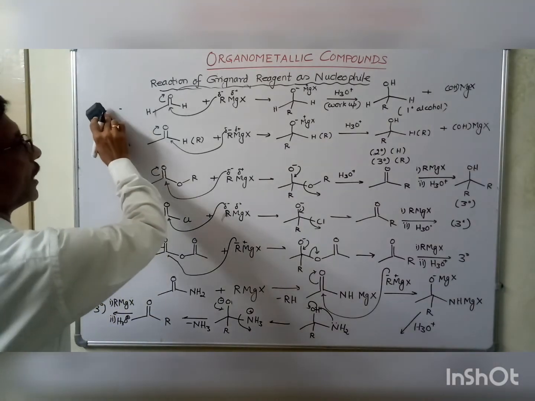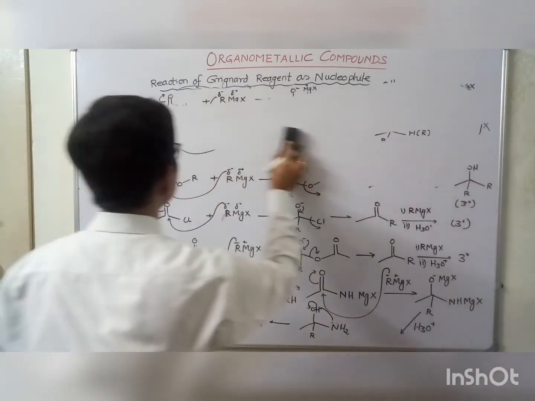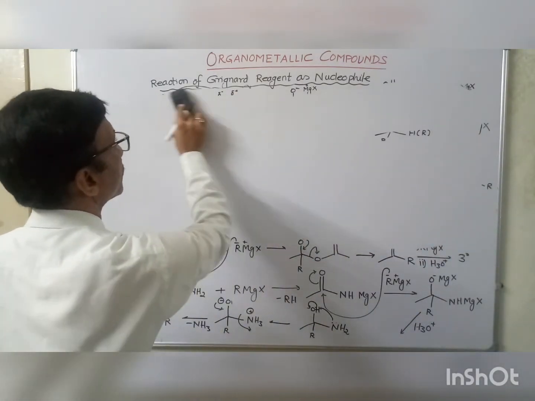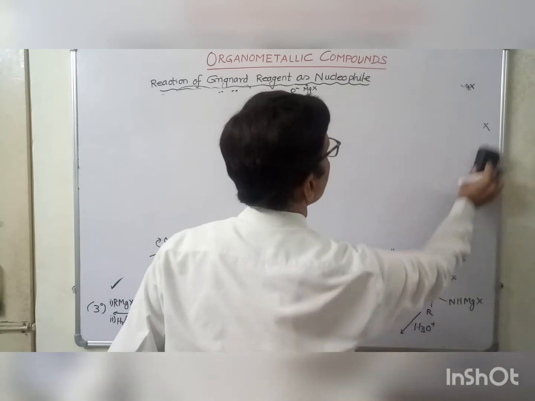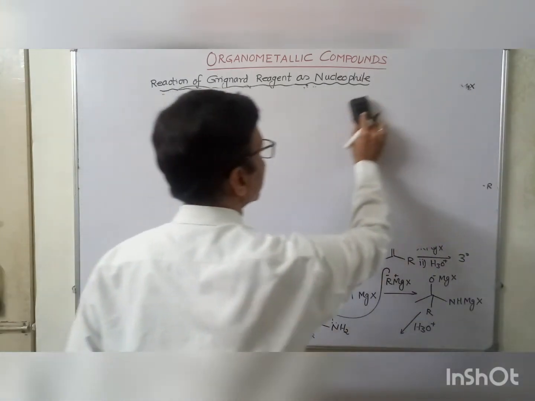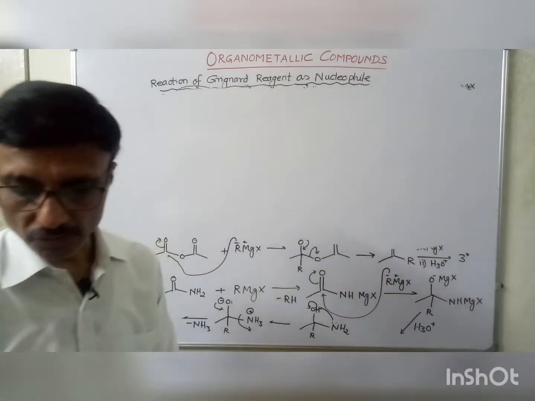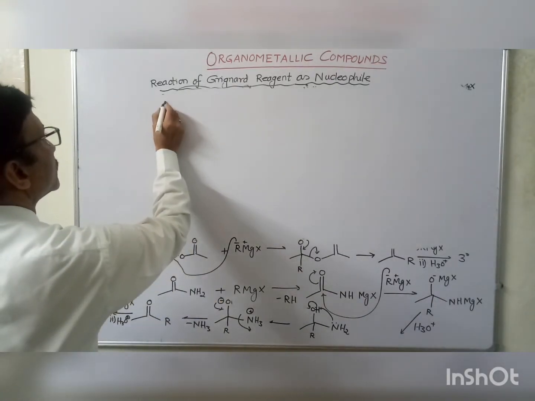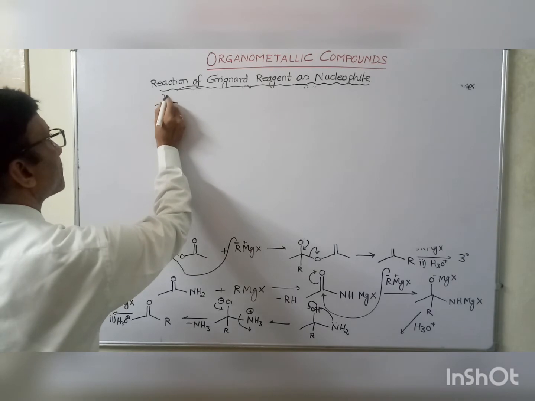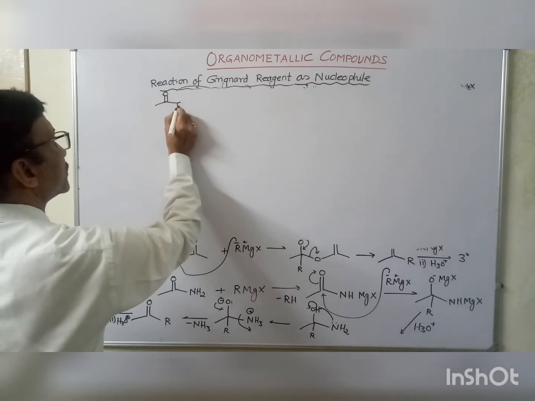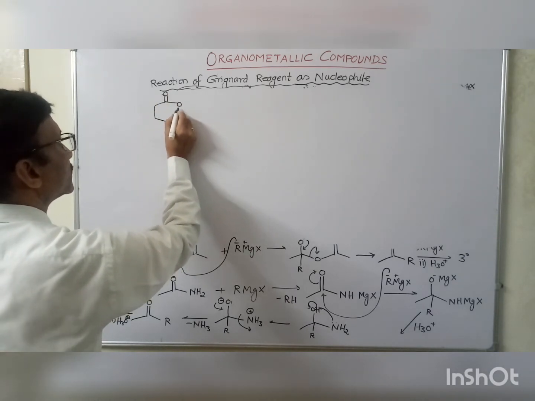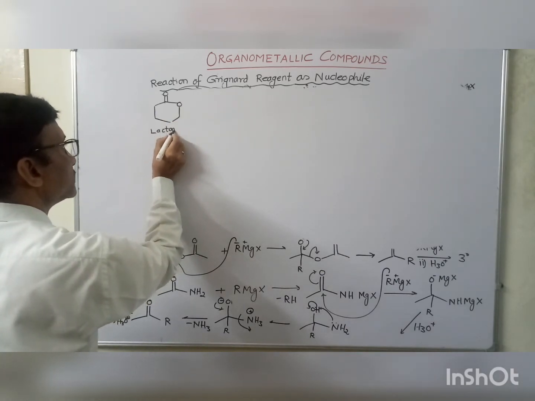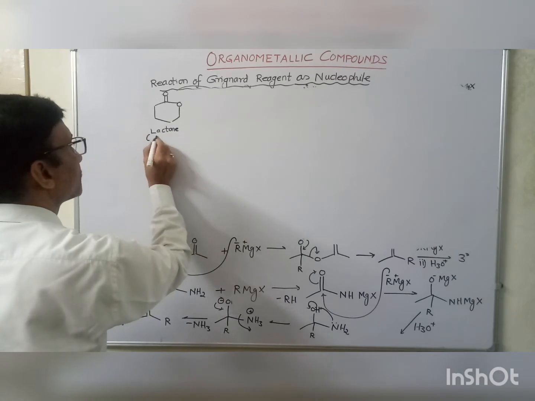Now if you see some more reactions with Grignard reagent, it may also react with a cyclic ester. So suppose we have a cyclic ester, that is the lactone, so this is our lactone, the cyclic ester.